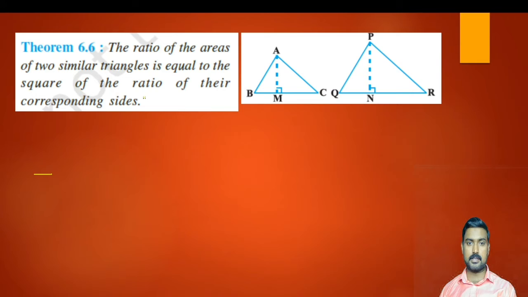So two triangles are there. We can suppose the triangles are triangle ABC and triangle PQR. So what it tells is the ratio of the areas of two similar triangles. Which kind of triangles are given? Similar triangles are given. So triangle ABC is similar to triangle PQR.